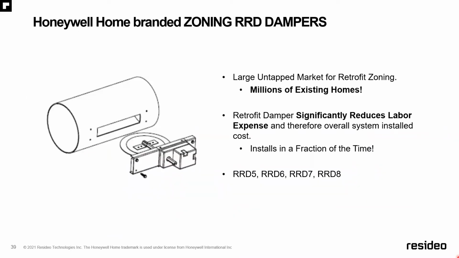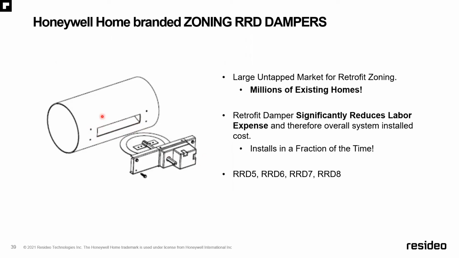Okay, so now we're up to where you have the non-insulated pipes. And what we're going to do with the Rrd damper is give you a template. Keep in mind that this is a significant portion of the US market. By taking the sticky template, you can stick it on the section of a metal pipe and see exactly where you need to cut out and exactly where your screw holes will go.